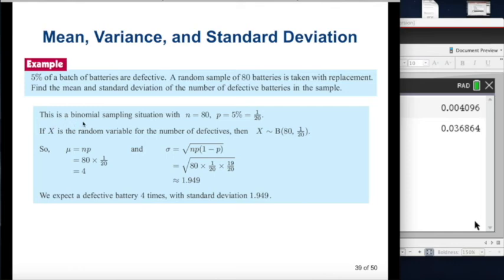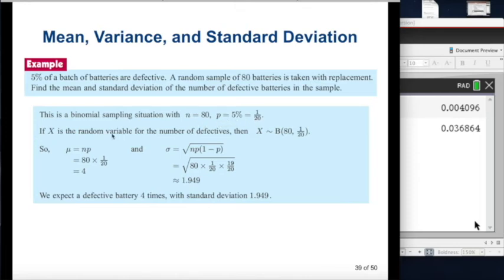This is a binomial sampling situation because there are only 2 outcomes, whether the battery is defective or not. With n, the number of trials, equal to 80, since 80 batteries are taken. The probability of success is 5%, or 1 over 20.